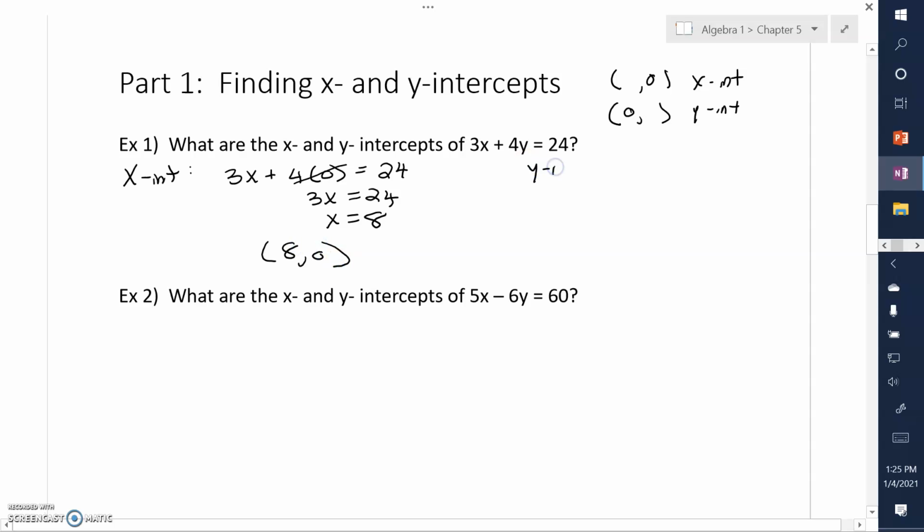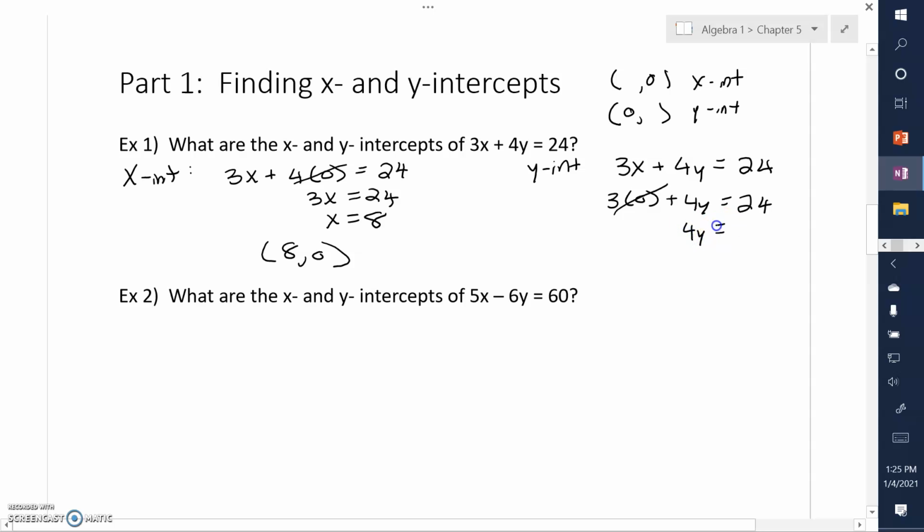The y-intercept, start from the same equation, 3x plus 4y equals 24. But this time, I'm going to plug in 0 for the x. So 3 times 0 plus 4y equals 24. That 3 times 0 goes away.